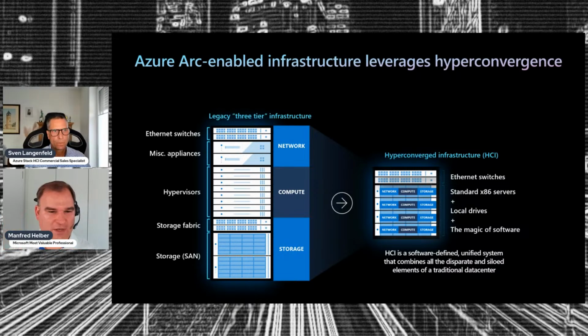As we can see in the HCI stack, there is no SAN system, there is no storage fabric switch. There are industry standard servers with industry standard storage, memory, compute in there. There's some network connectivity, and the storage, compute, and network virtualization is provided by a powerful software stack.